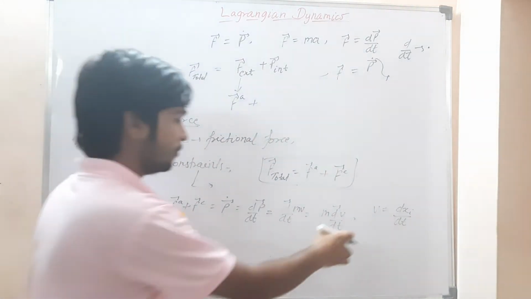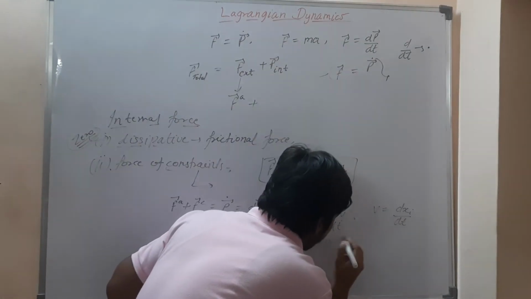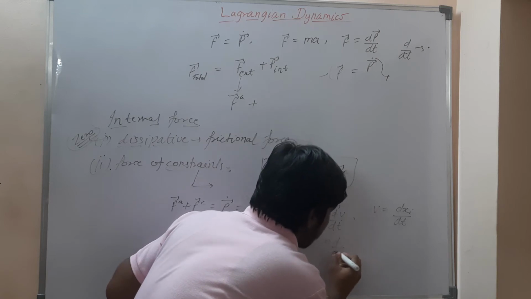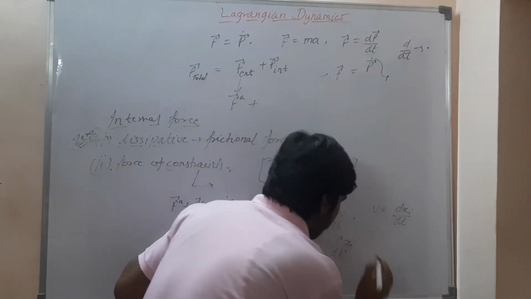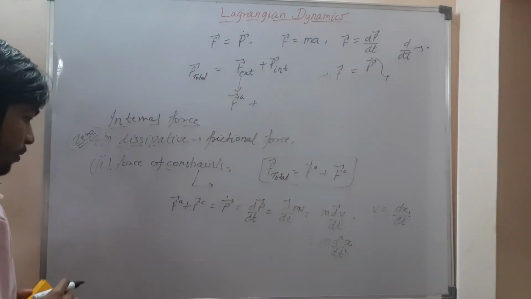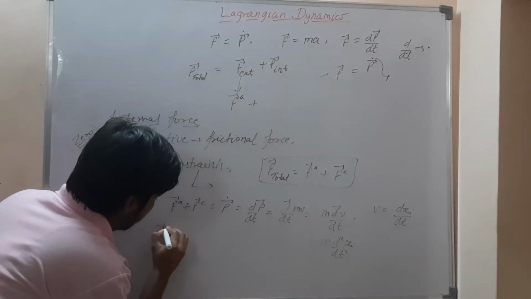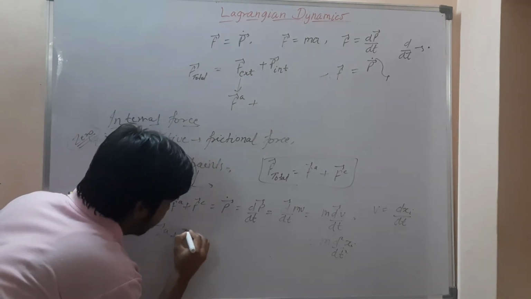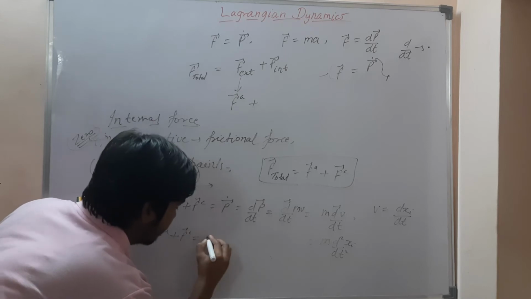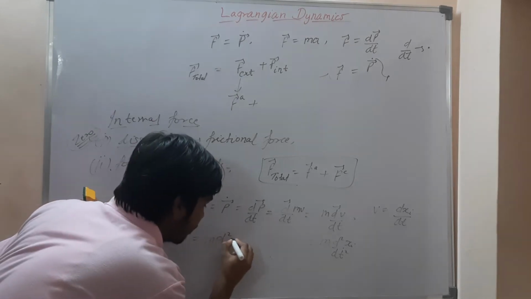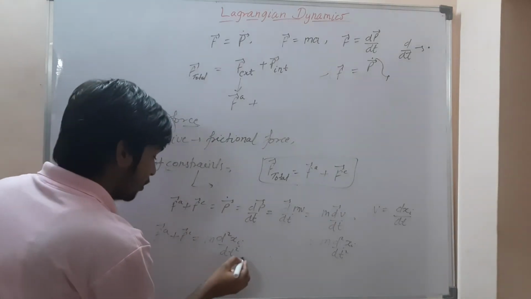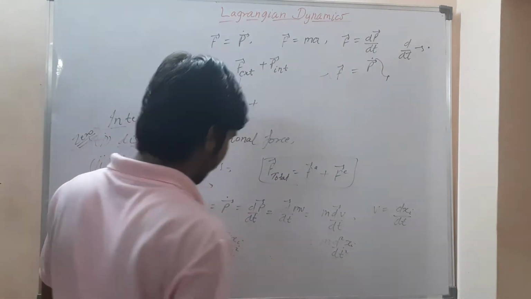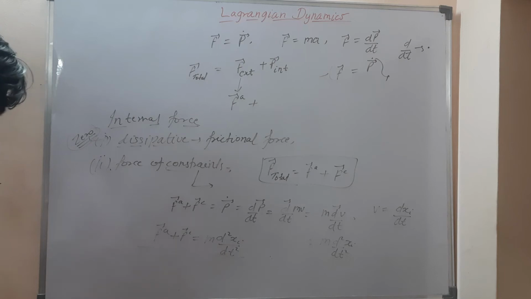So if I replace, we can write d square by dt square xi. So this will be force applied plus force of constraint. These are very basic things you already know.